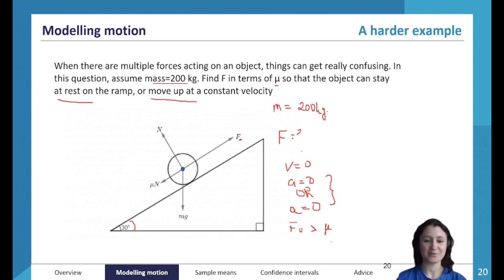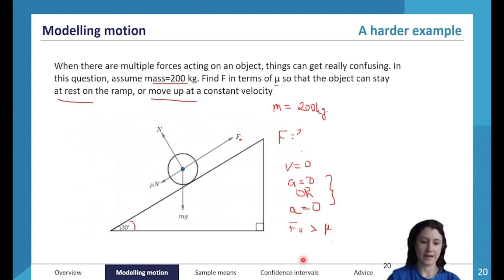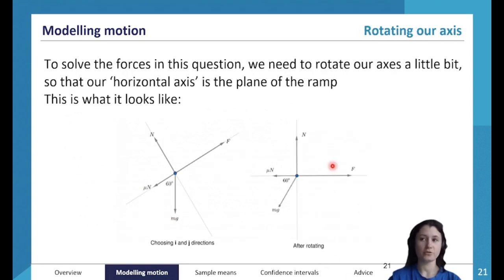Pretty intuitive. So, before we move on and actually complete this question, let's have a look at the easiest way to actually do it. Alright? Instead of drawing it like this, directly onto this inclined plane, if you just rotate this, it will be a lot easier.